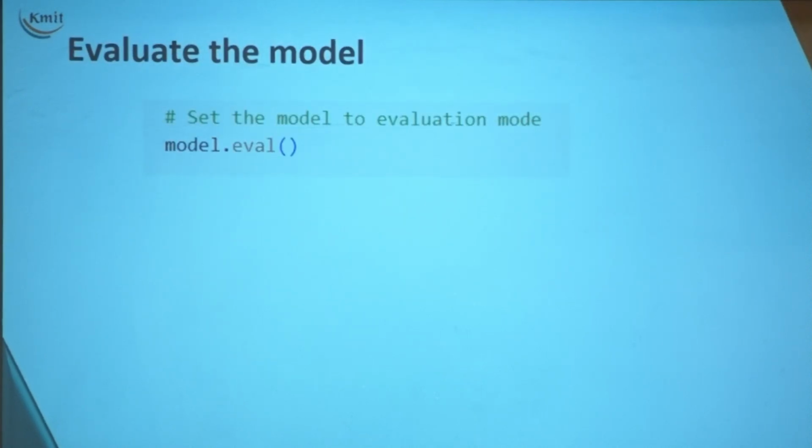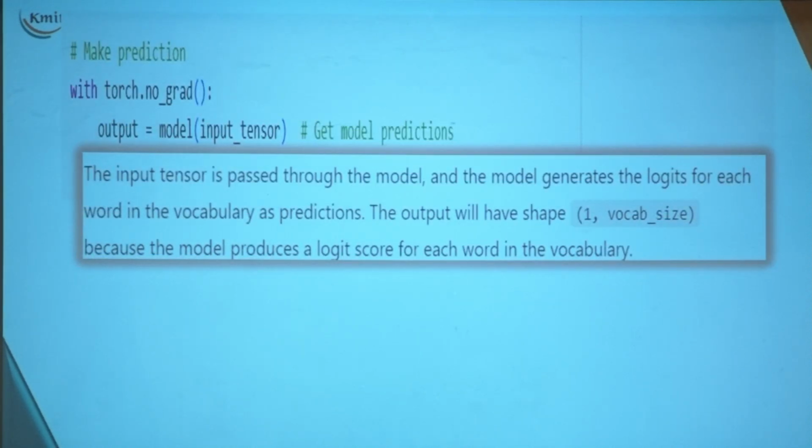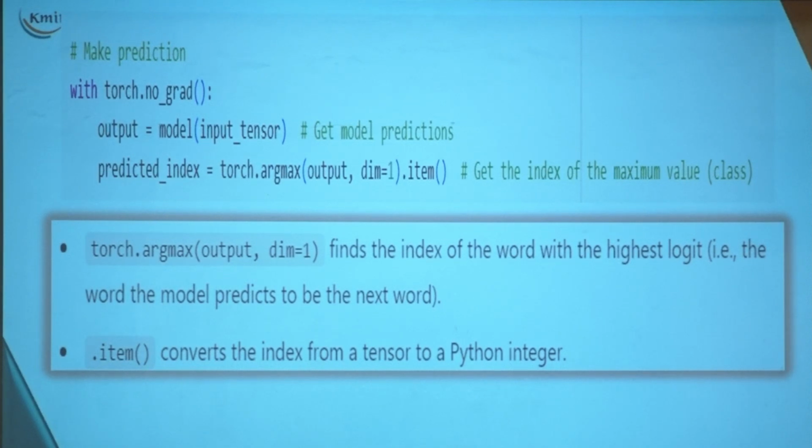Let me go over it again. After evaluation, you are predicting with no grad. The output is what you get when you apply the model, when you get the predictions through that model. As I told you, the predicted index is the argmax of my output, which finds the index of the word with the highest logit, and .item() is used to convert it into an index from that vector, because at the end what you require is one word.